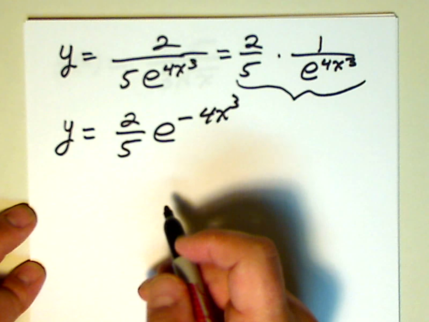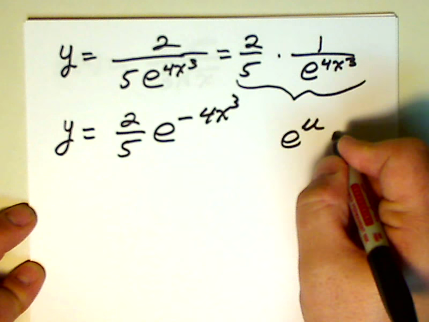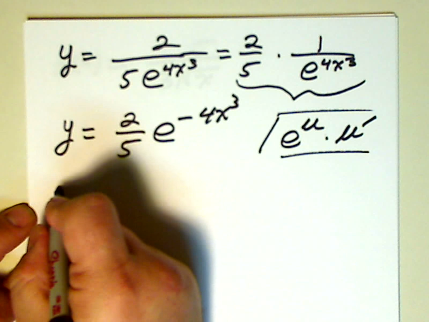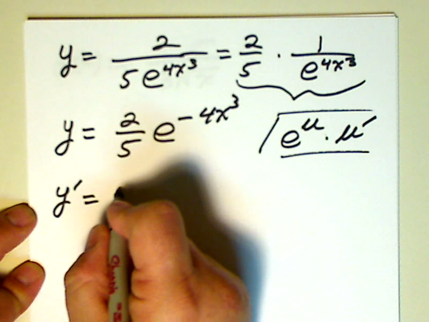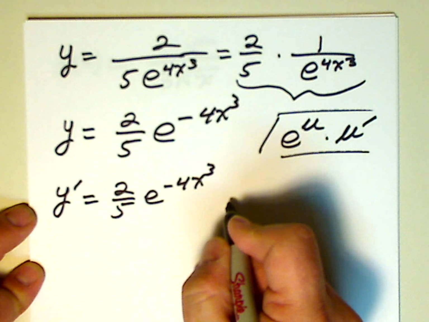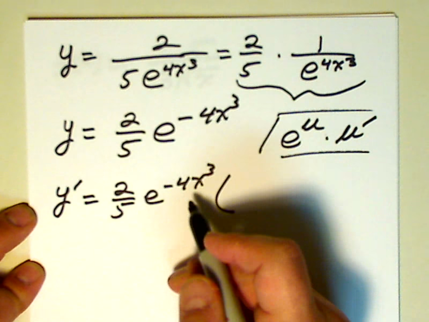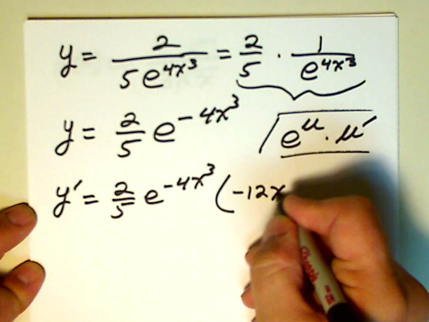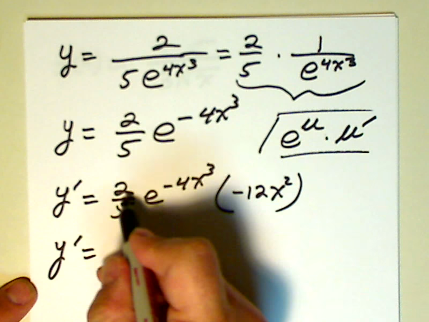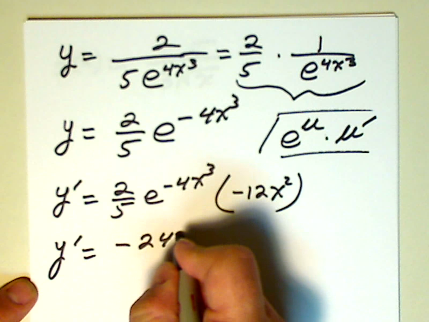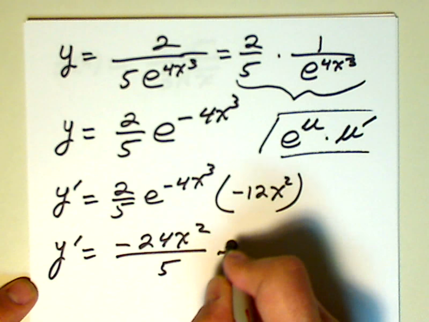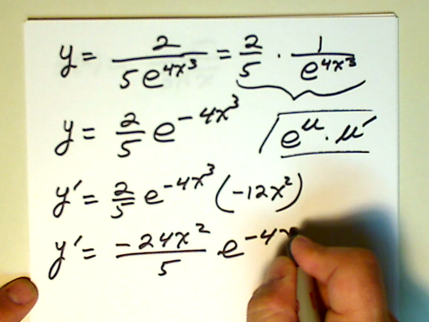Okay, so now we're going to differentiate this. Remember, it's going to be e to the u times u prime. So y prime is equal to 2/5 e to the negative 4x cubed times the derivative of negative 4x cubed, which is negative 12x squared. So y prime is equal to negative 12x squared times 2, which is negative 24x squared, over 5 times e to the negative 4x cubed.